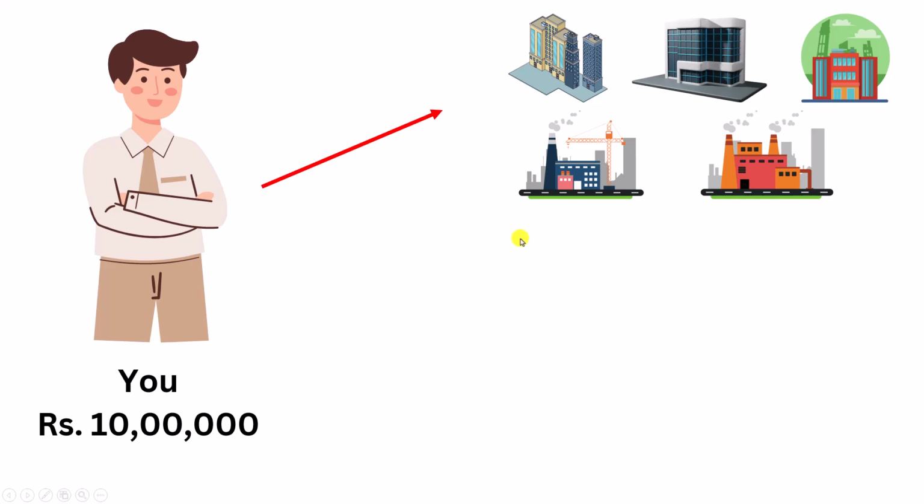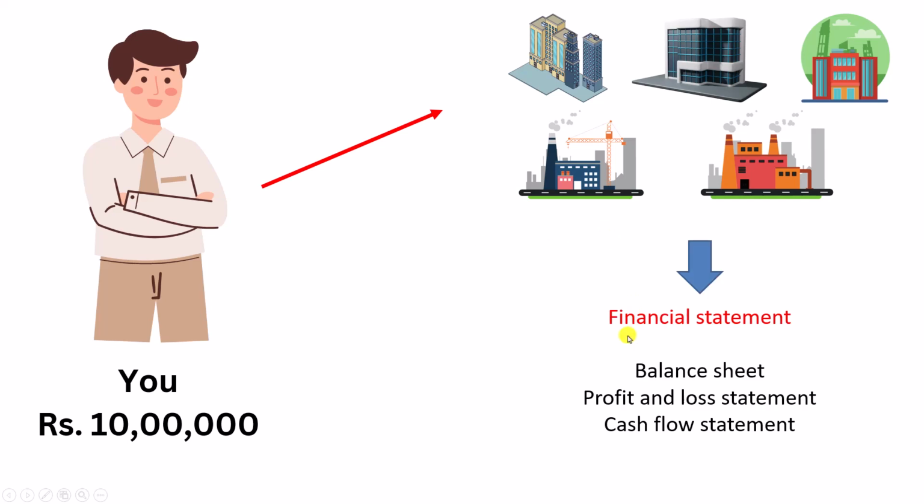Now, the documents of the companies are called financial statements. Financial statements mainly have three components: a balance sheet, a profit and loss statement, and a cash flow statement. The balance sheet will give you an idea of how much wealth the company has.